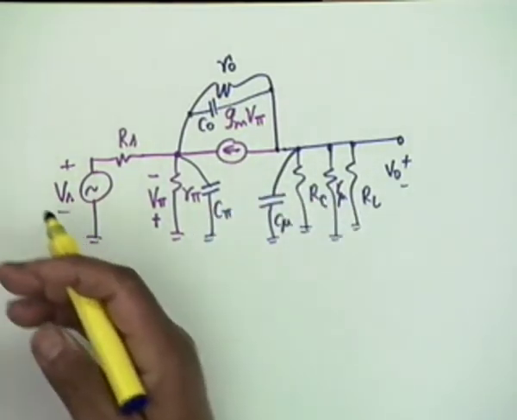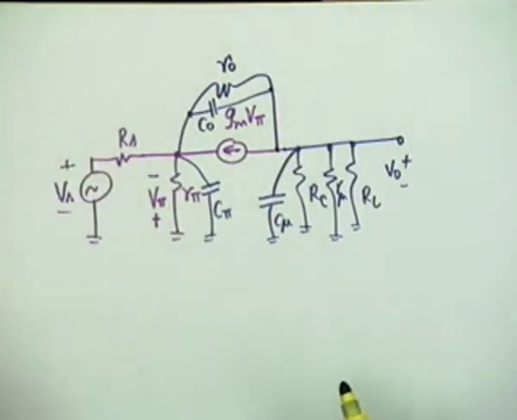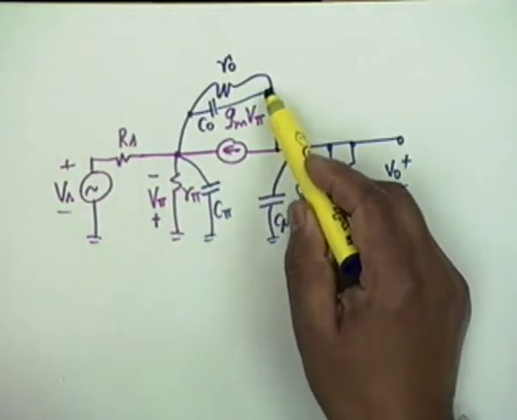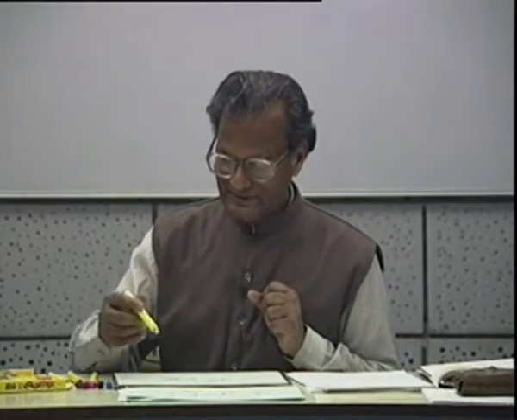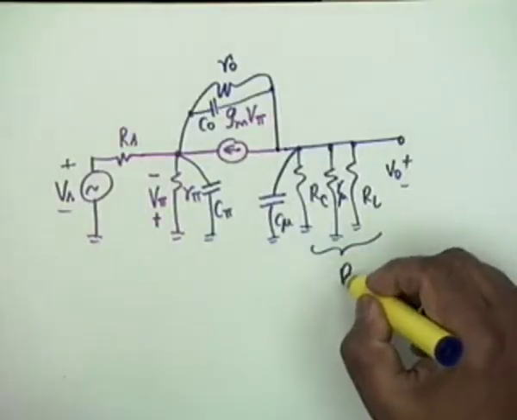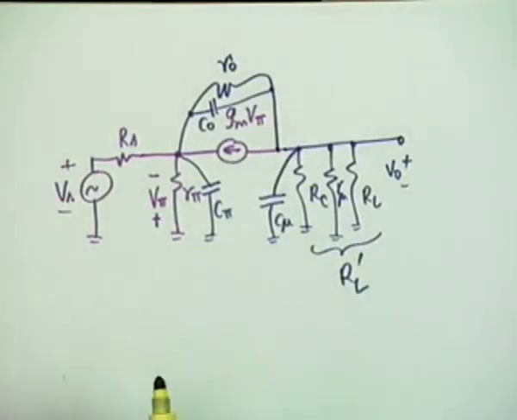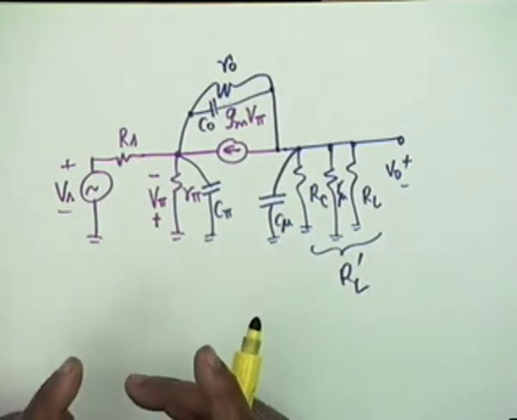Alright. Now, the problem is obviously this combination R0 C0. There is no other problem. But suppose this can be combined into a single resistance RL prime. Now, will there be 3 critical frequencies or 2 critical frequencies?